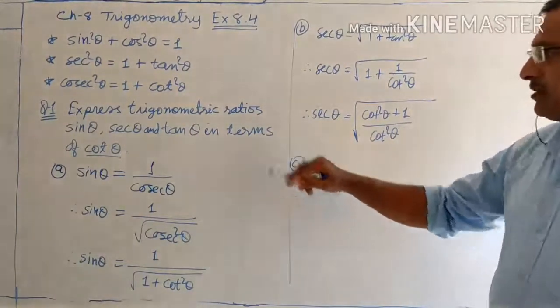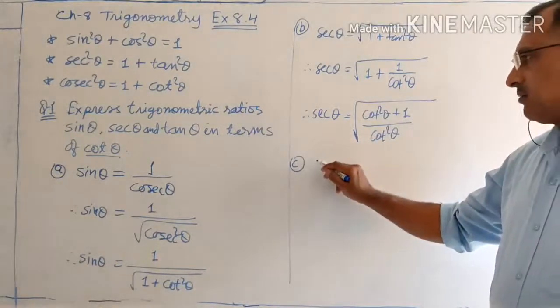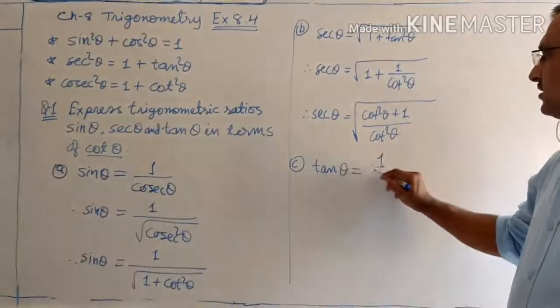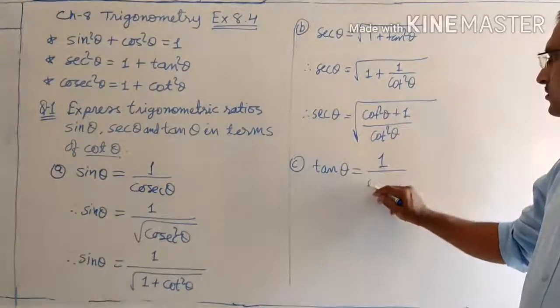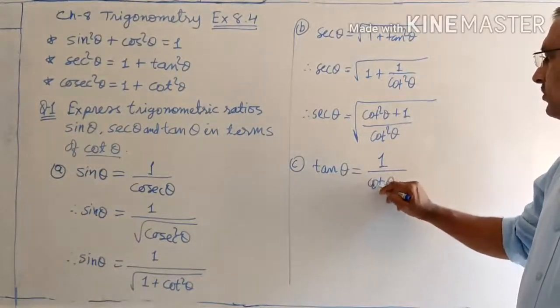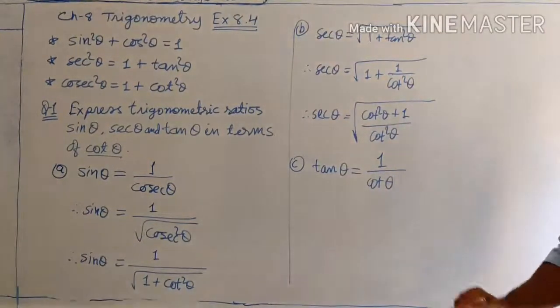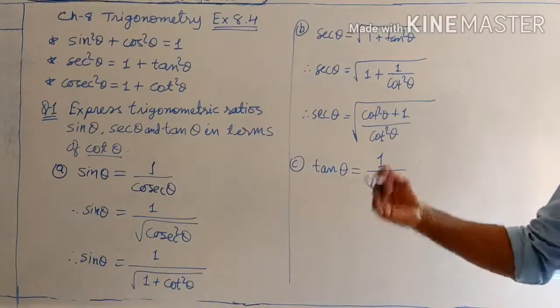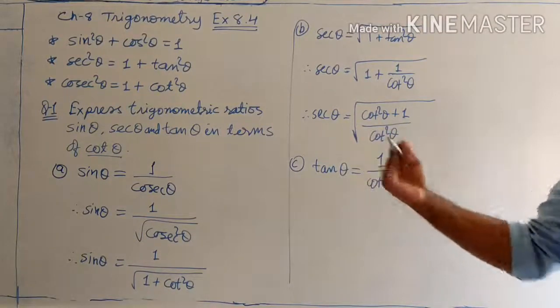Here C part, tan theta. As we know, tan theta is the reciprocal of cot theta. We have used here also. So that is 1 upon cot theta. So this is regarding expressing the trigonometric ratios in terms of other trigonometric ratio.